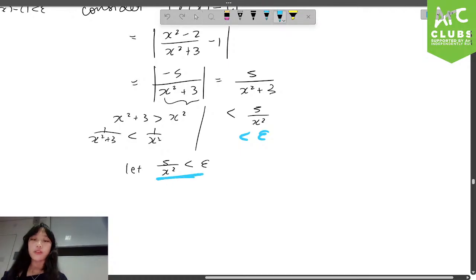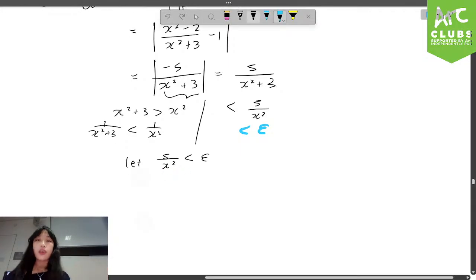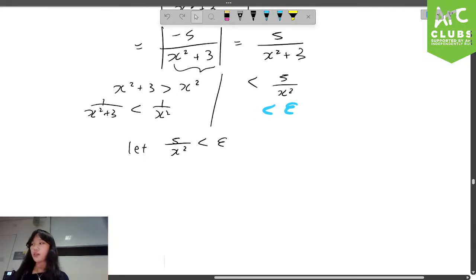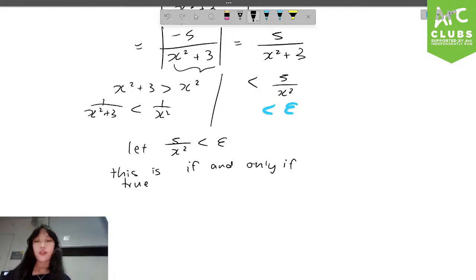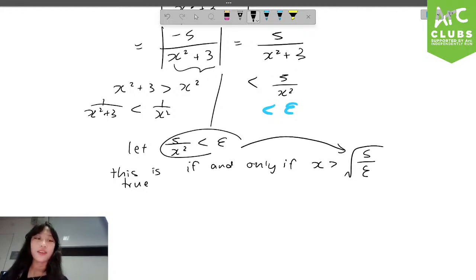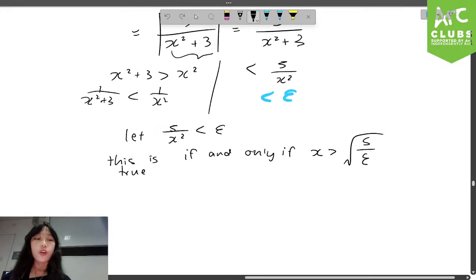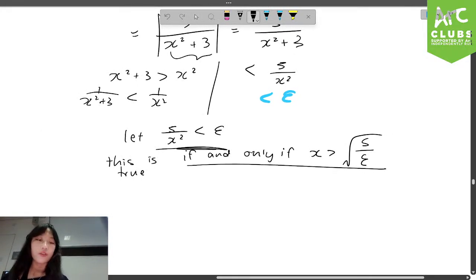So we set epsilon to be like that, and we know that this is true if and only if this is true. Essentially all I've done is algebraic manipulation to get from here to here: multiply over x squared, which is positive so we can do that, and then take the square root of both sides. The square root is an increasing function, so we're allowed to do that once again. So this is true if and only if this is true.